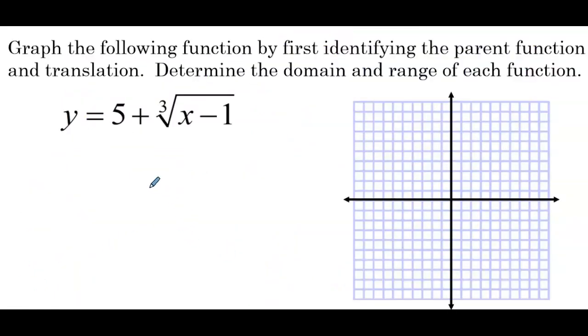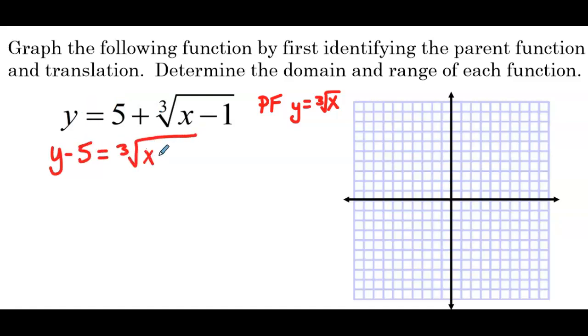Our next function is y equals 5 plus the cube root of x minus 1. So our parent function is y equals the cube root of x. Now normally it's plus 5 after the cube root, so they've just changed the order. It doesn't change our approach. So I'll subtract 5 from both sides of the equation.